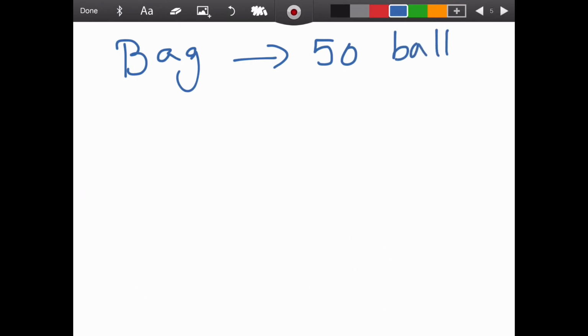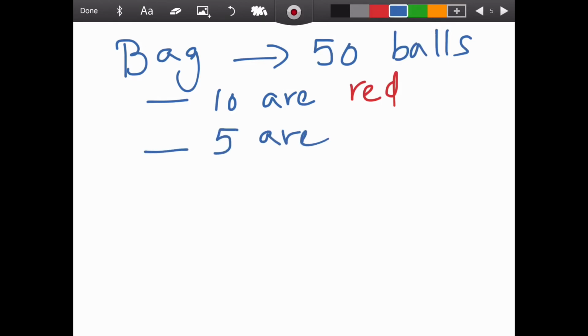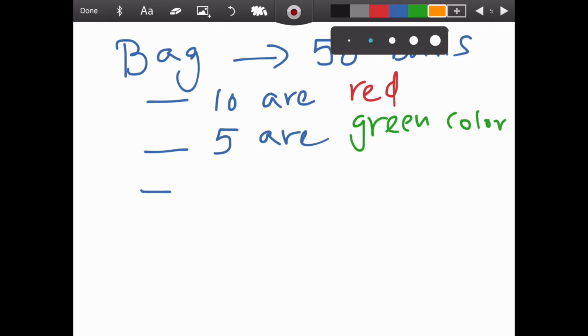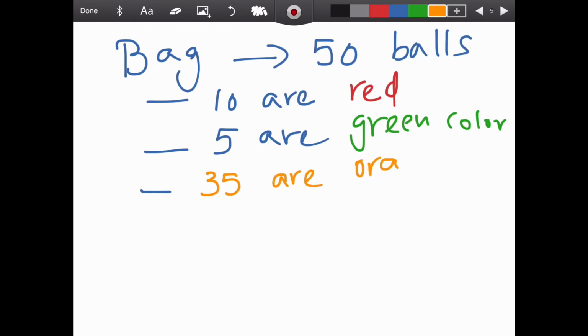Let's take another example. A bag has 50 balls, out of which 10 are red color balls, 5 are green color balls, 35 are orange.